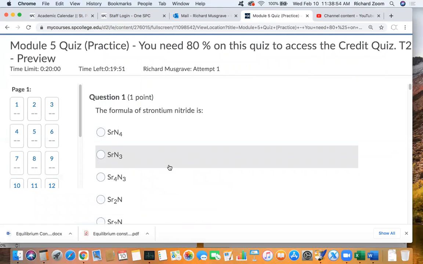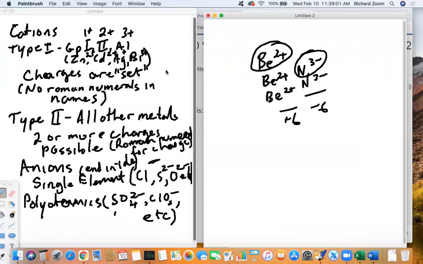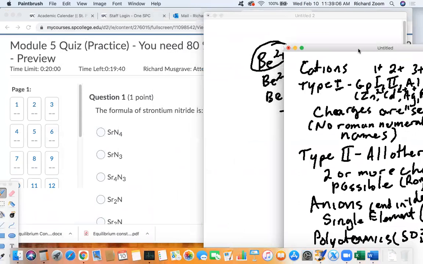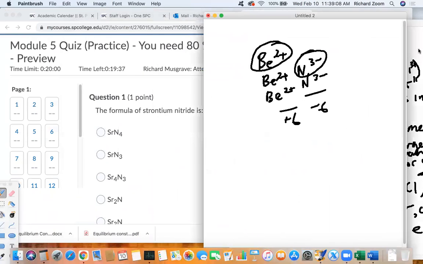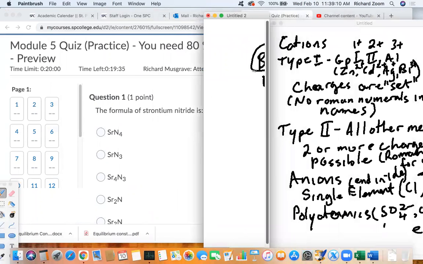All right, so these are all multiple choice. So there's not much you have to do as far as memorizing goes. But I will put this over here. Okay. So let's say we're looking at strontium nitride. You know that strontium is going to be 2+ because it's in group 2.